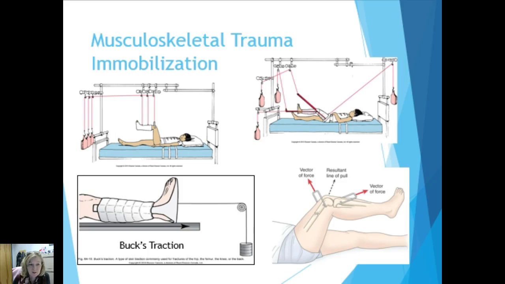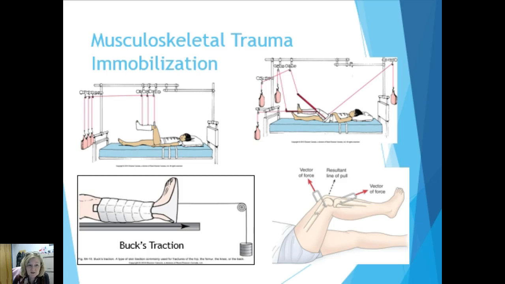So traction is a pulling force with a counter traction, and it's more often used in kids to avoid injury to the growth plate. So it also prevents pain, reduces muscle spasm, it immobilizes a joint, it reduces the fracture or the dislocation.